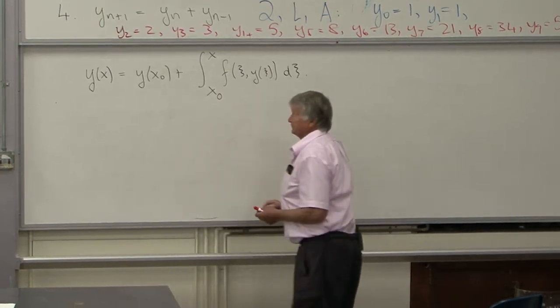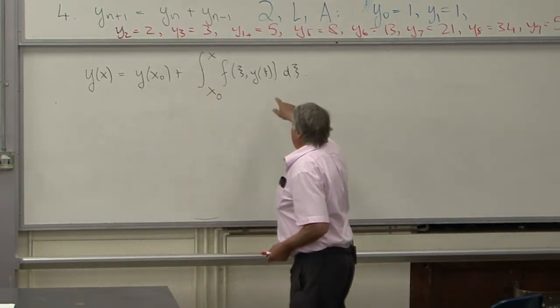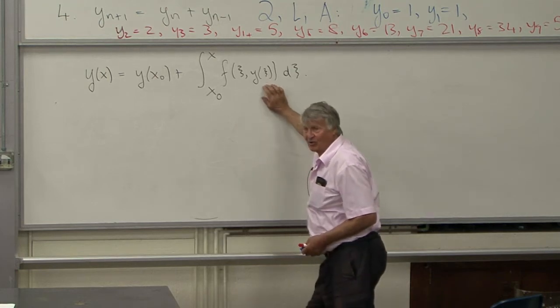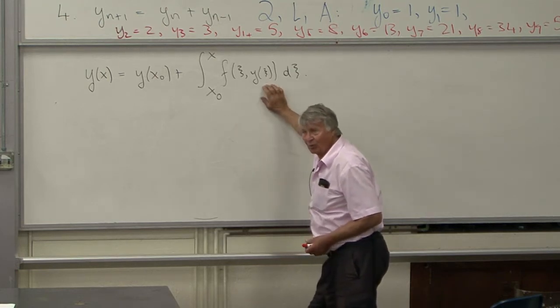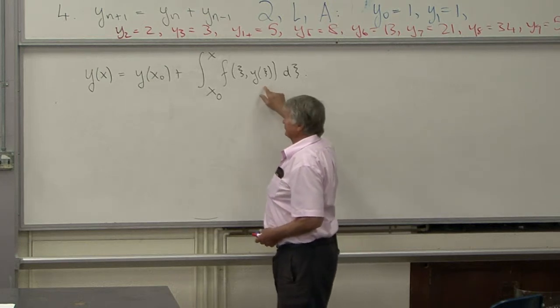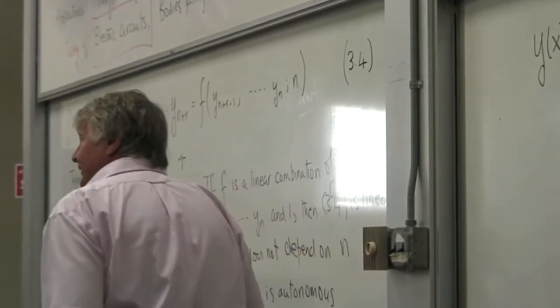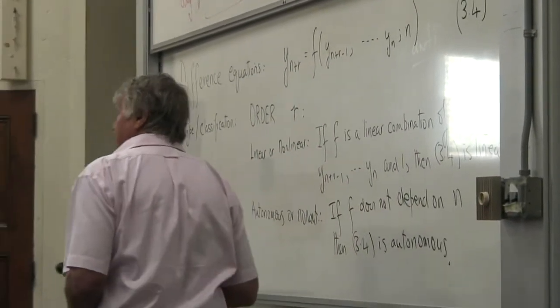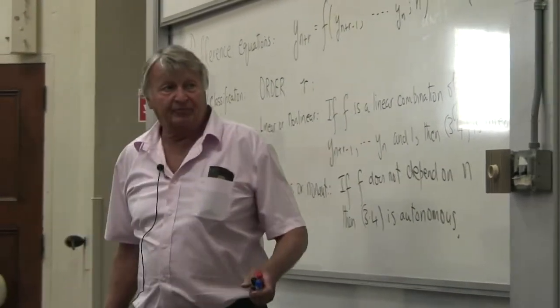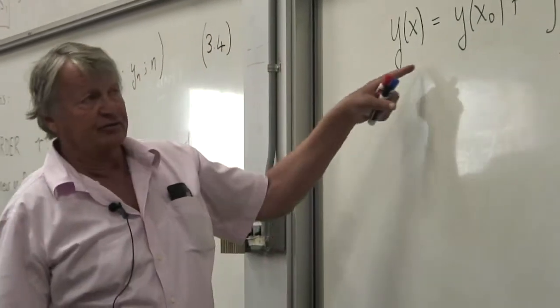That's exact. I just integrated that equation. Now, I don't know, of course, what the solution y of c between x0 and x is. That's the solution to the differential equation. But assuming that I have a solution, then this is a true statement.